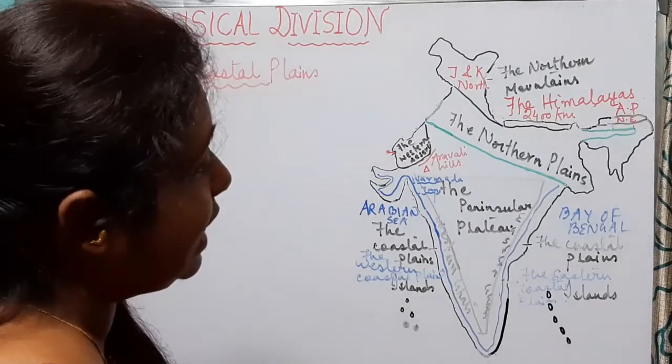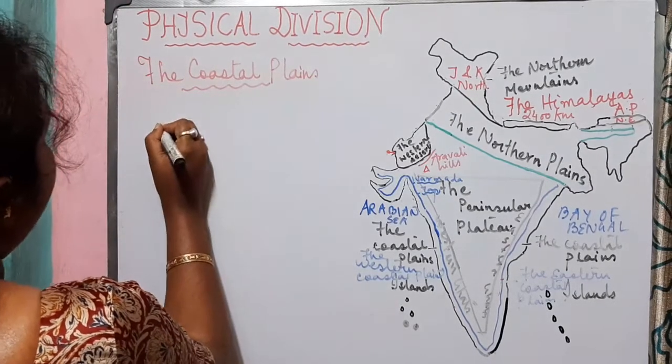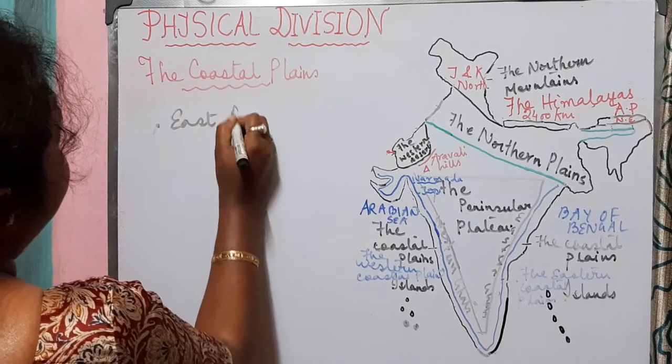Now we will see that there are a number of east flowing rivers.